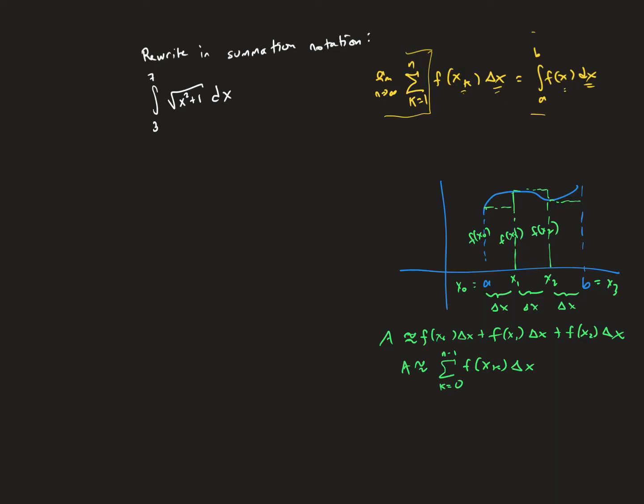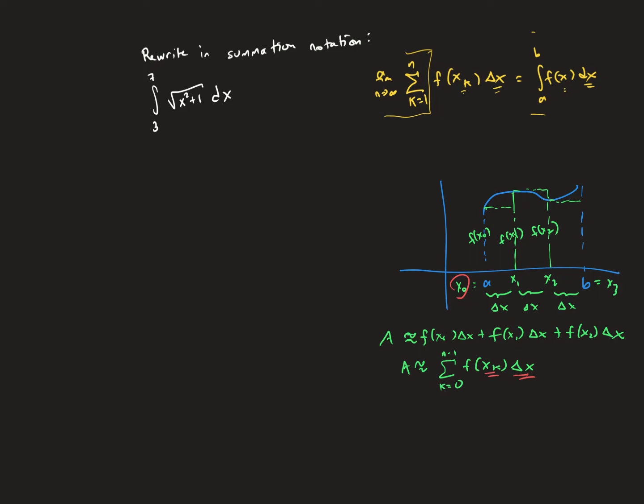Now, the difference in what the AP curriculum did and what we did in the past is this. They want this delta x and this x sub k written in terms of the number of subintervals that we built and the starting value, which is x sub 0. So I'm going to quickly explain what this is going to look like.